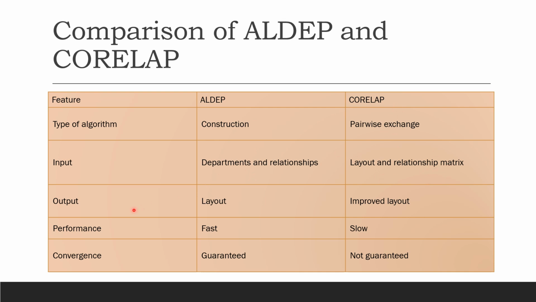The output is a layout; in CORELAP it is an improved layout, with more iterations and more updates. For performance, ALDEP is very fast, but CORELAP is very slow. For convergence, ALDEP is guaranteed and CORELAP is not guaranteed.